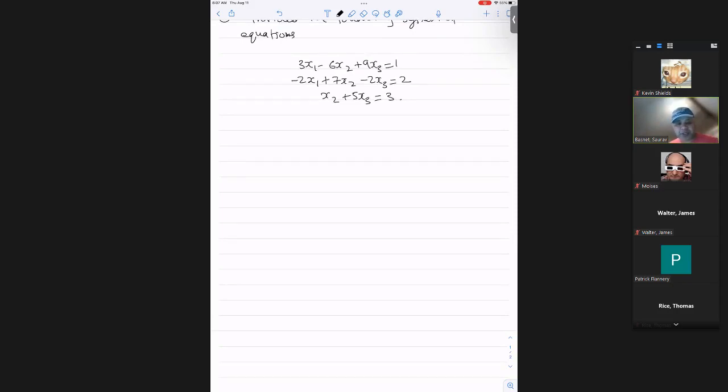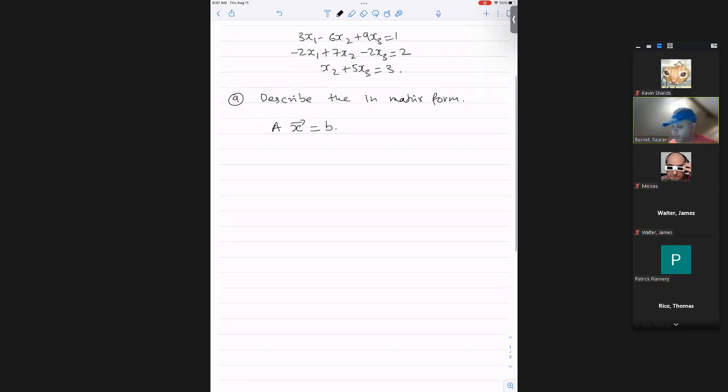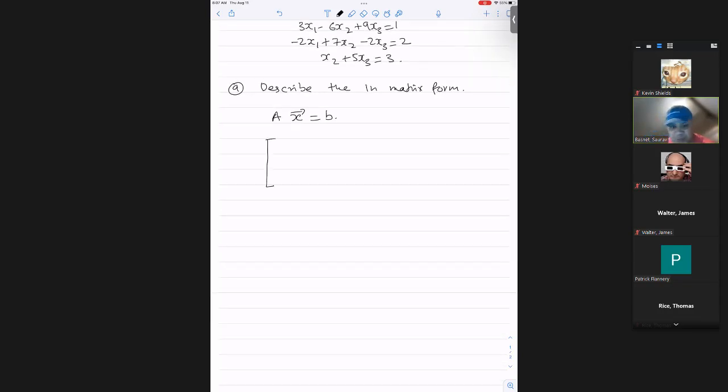So I may also ask you to describe this in matrix form. We have done this in class too. I may not have specified the matrix form, but I've shown you how to do it. So it is Ax = b, right? Or you can also put it in augmented form: 3, minus 6, 9; minus 2, 7, minus 2; 0, 1, 5.